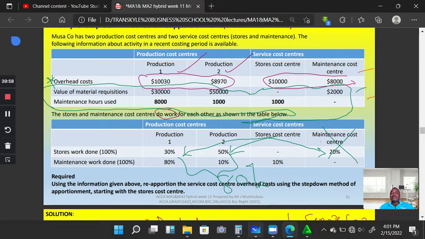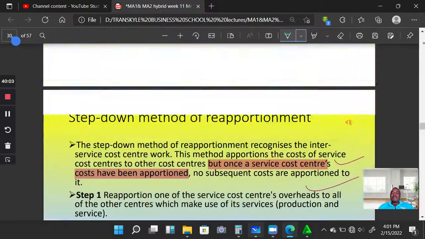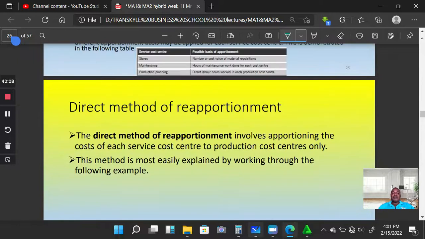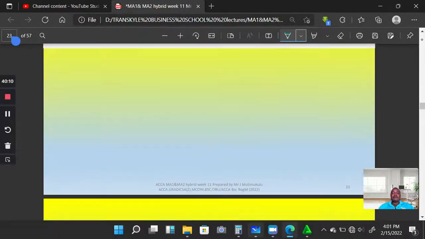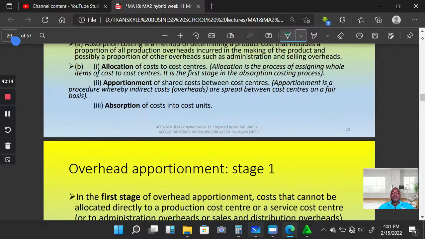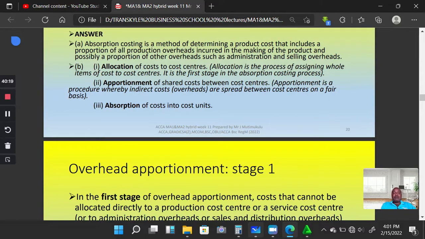Remember, apportionment is the sharing of indirect costs. If we go back to our introductory part, slide number 20, apportionment is the second stage, the apportionment of shared costs between cost centers.